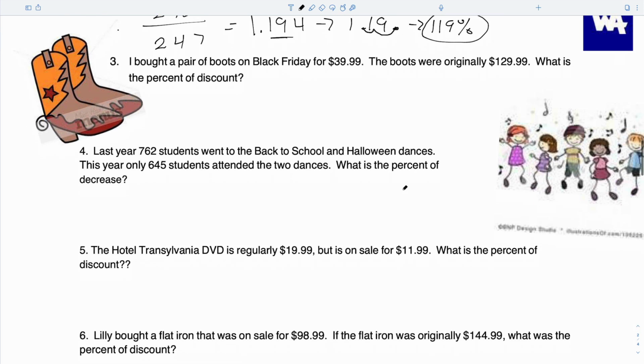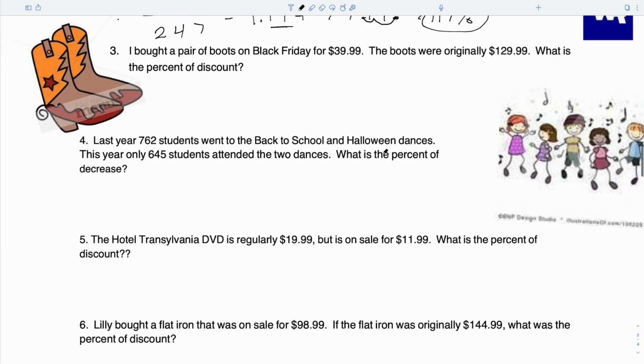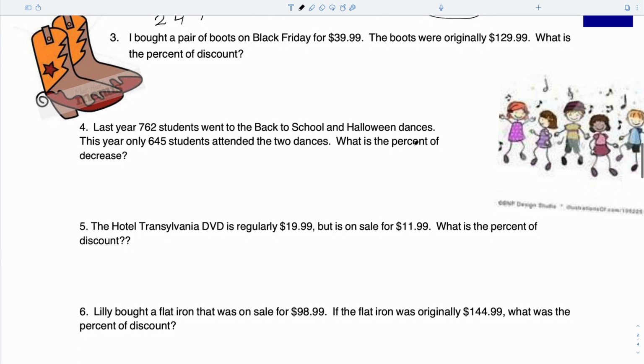Last one, then you're going to go do some on your own. Number 3. I bought a pair of boots on Black Friday for $39.99. The boots were originally $129.99. What's the percent of the discount? Miles, what do I do first? You take the new and divide by the original. What number is my new number, Maddie?